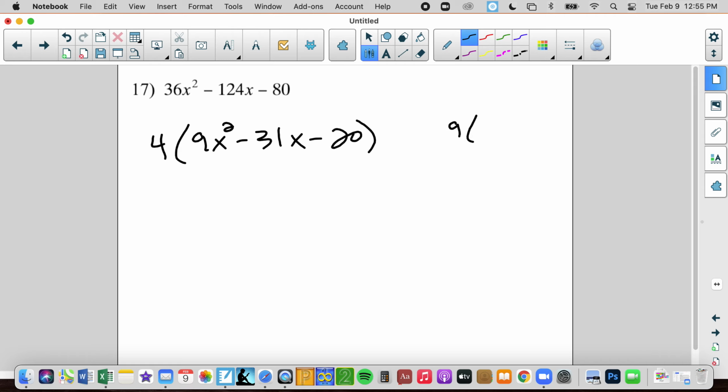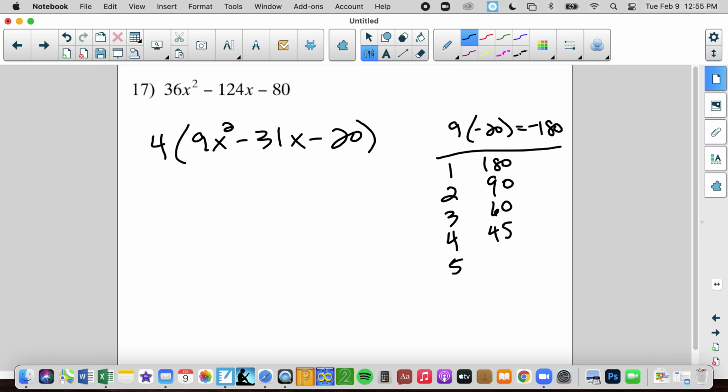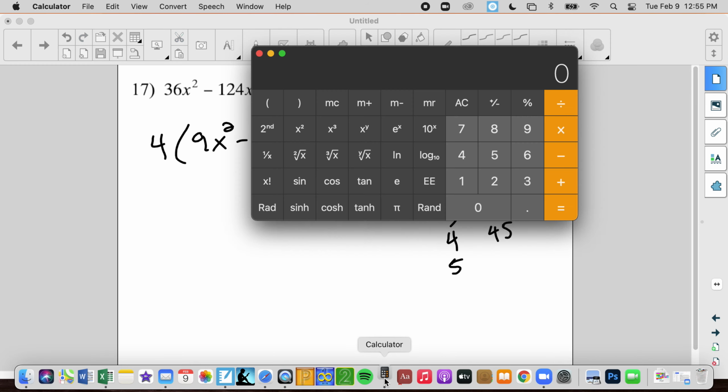So I have 9 and negative 20, which makes negative 180. My signs are going to be different, and I'm subtracting. 2 and 90, 3 and 60, 4 and 45, 5. Ooh, 5 and, I don't know that one. 180 divided by 5.